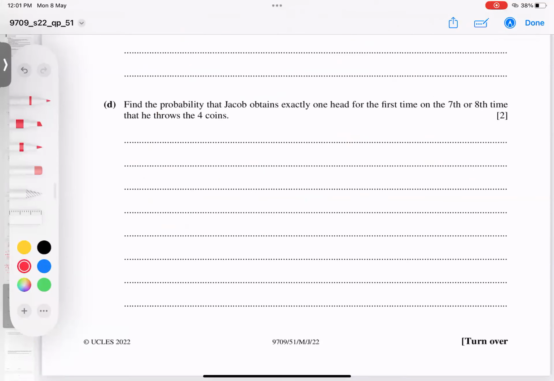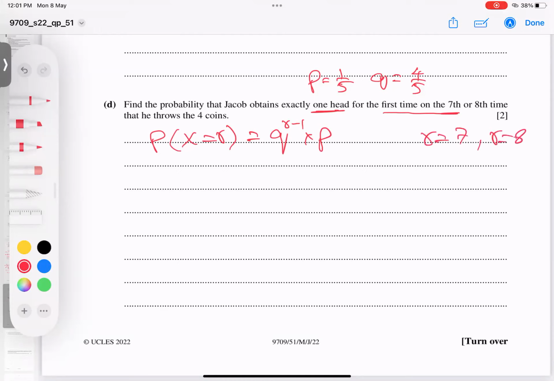Find the probability Jacob obtains exactly one head, which is 1 by 5. Probability, 1 over 5. And Q is 4 over 5. You know it. On first attempt on seventh occasion. And seventh occasion, you know what is formula, students? Formula is probability X equal to r, Q to power r minus 1 into P. But if r value is 7 and 8, so 1 times 7, 1 times 8.